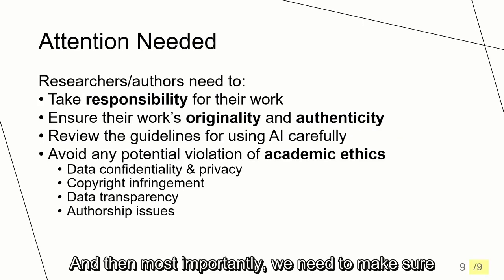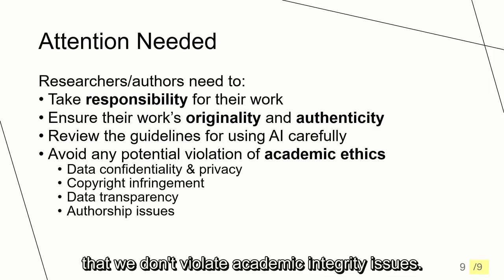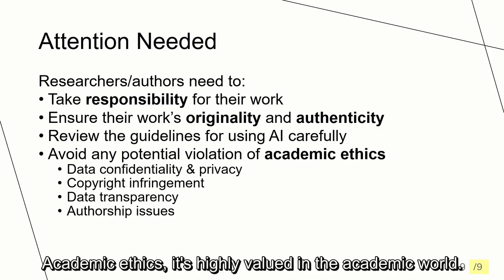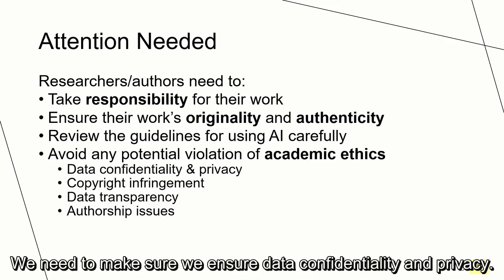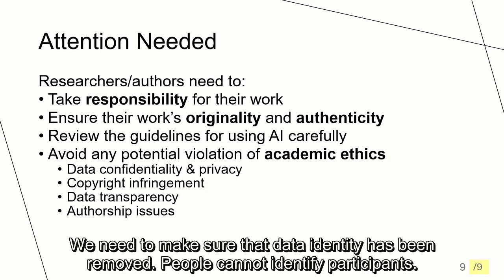And then most importantly, we need to make sure that we don't violate academic integrity. Academic ethics is highly valued in the academic world. So students, faculty members, all together, we need to ensure data confidentiality and privacy. We need to make sure data identity has been removed. People cannot identify participants.